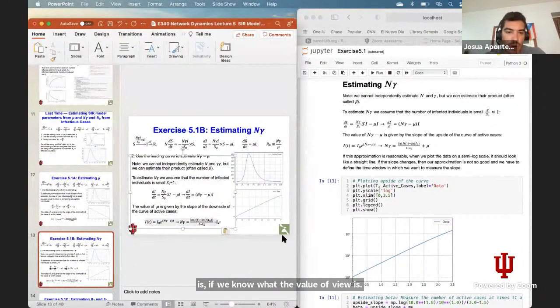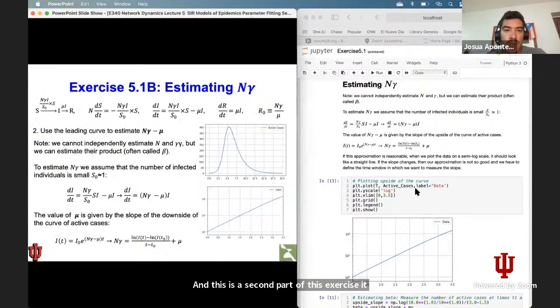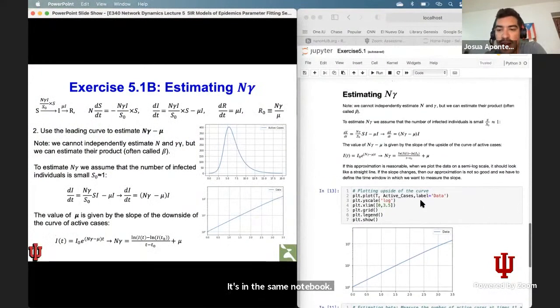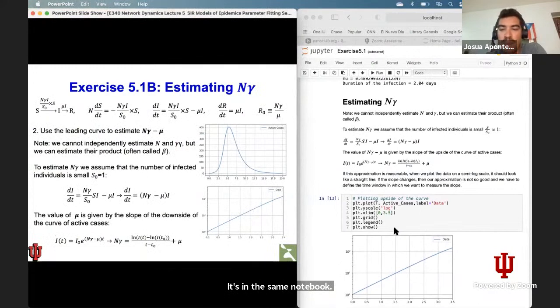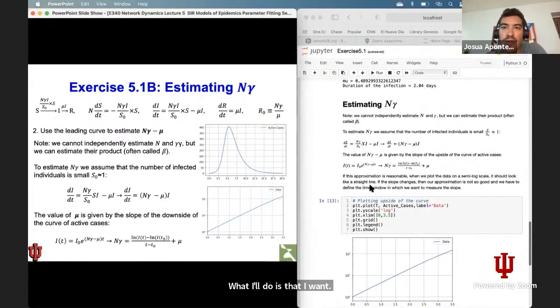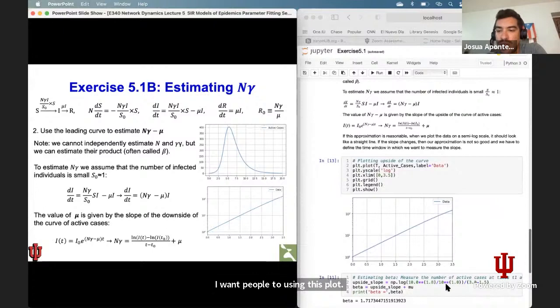And this is the second part of this exercise. It's in the same notebook. Because you already know what the formula is, and we already have an estimate of mu that is 0.49, or 0.4889, I want people to, using this plot, plug in values that are not the ones I used here.